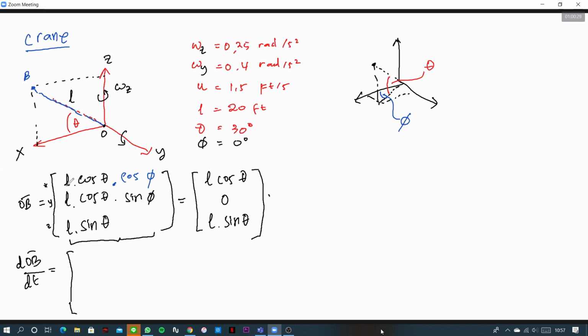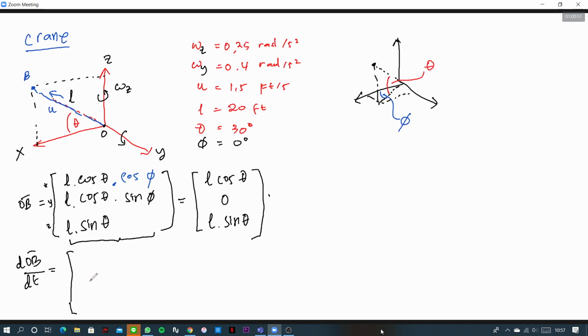Let's see this. L, is L changing with respect to time? Yes. How do we know? Because it has velocity u. So this velocity, we call it u. So it means this is a partial derivative.